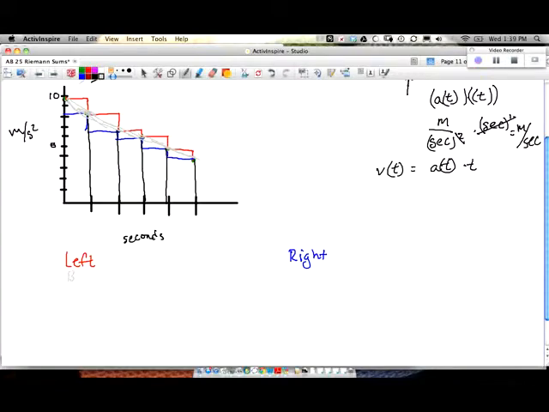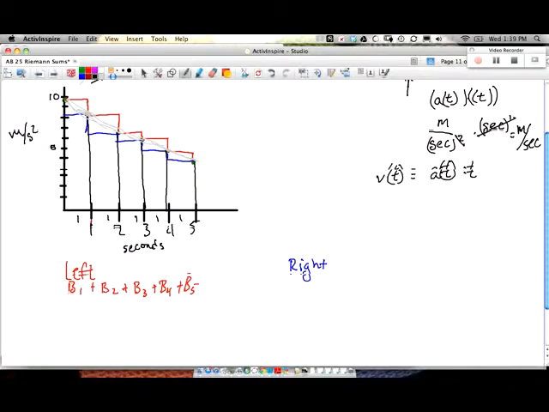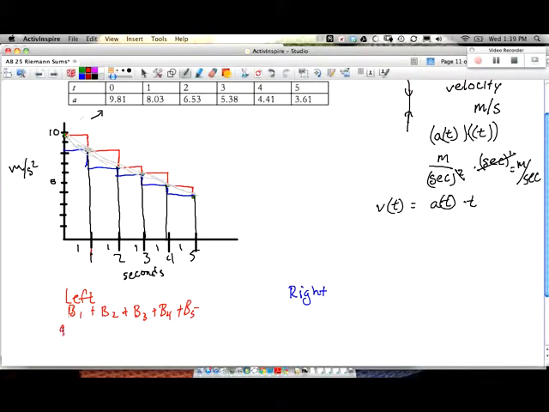The left sum, we're going to have 5 boxes. So we got box 1 plus box 2 plus box 3 plus box 4 plus box 5. Again, these are at time equals 1, 2, 3, 4, 5, so each of these widths is just 1. So we're really just looking at the heights. The height of that first one is given in our table. That's 9.81.